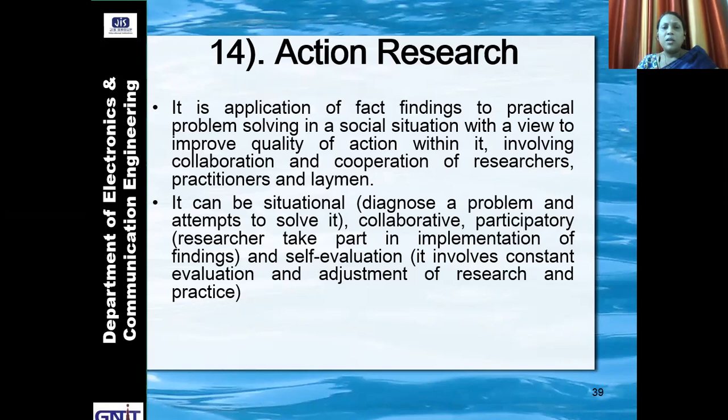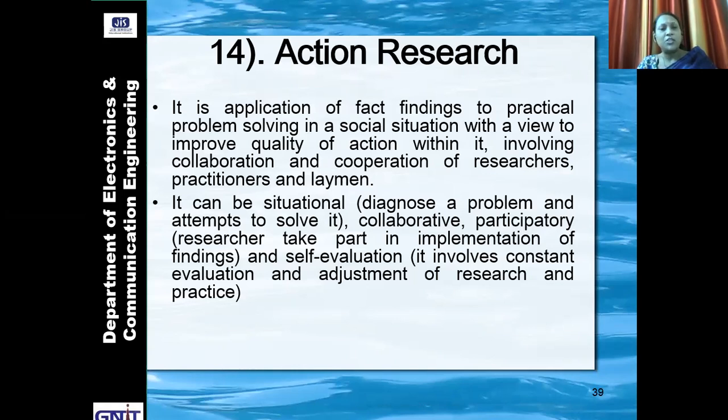So action research is nothing but for improvement purposes, involving collaboration and cooperation of researchers, practitioners, and laymen. Say you are doing a research. Now, if you collaborate with some renowned university or professor, then it would be beneficial for you and the society also. So how to improve the quality of action?